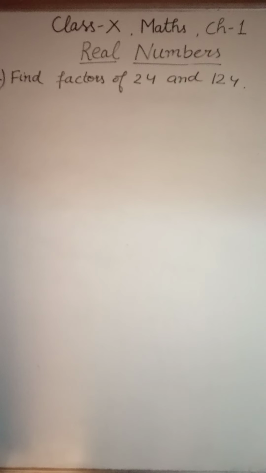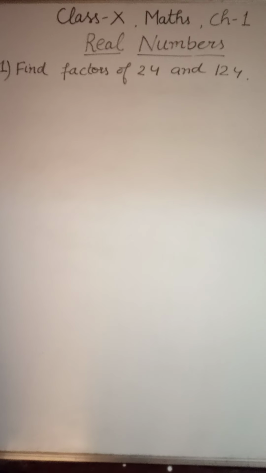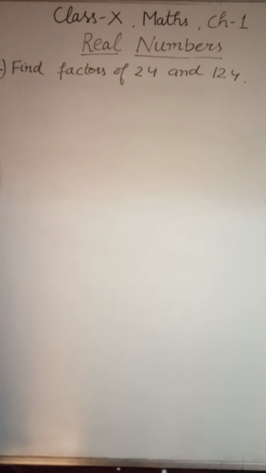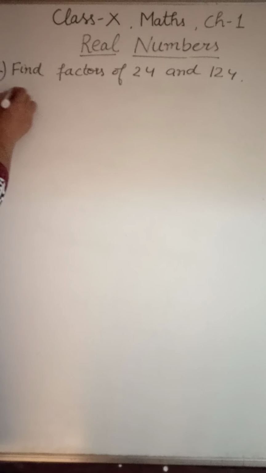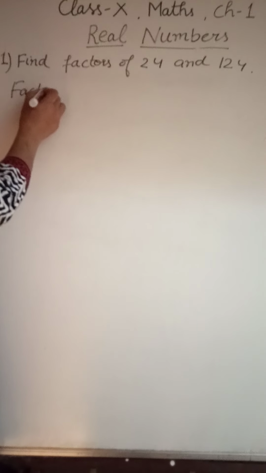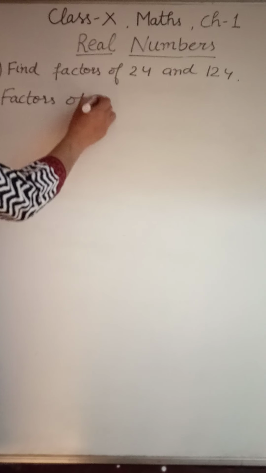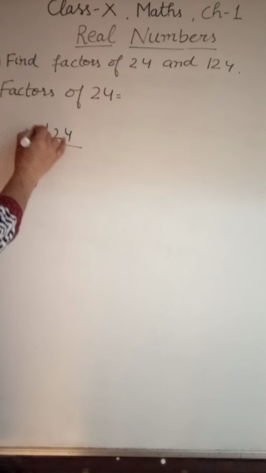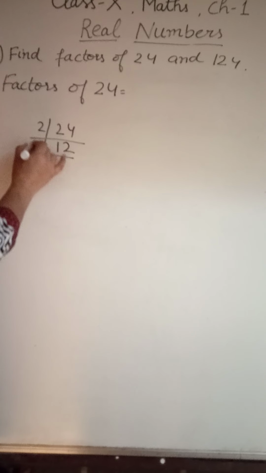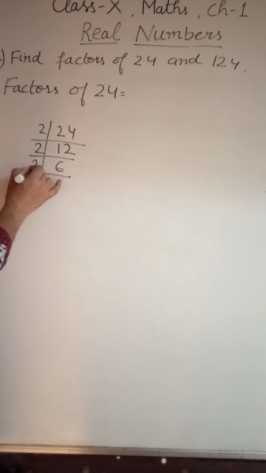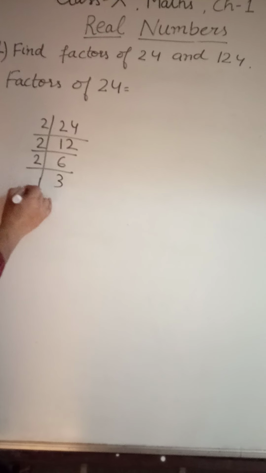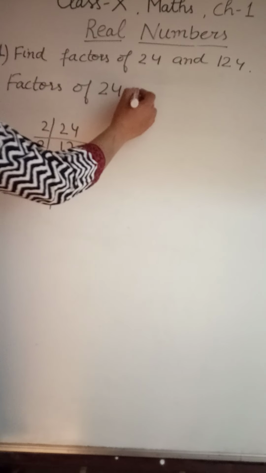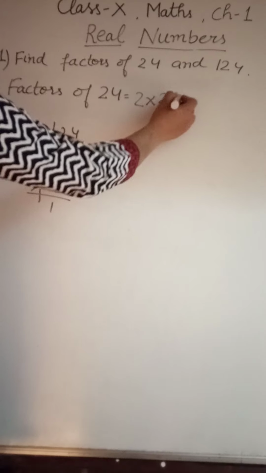If we say that we have to find the factors of 24 and 124, you will say, ma'am, very easy. Factors of 24, how to calculate? Divisible by 2, then by 2, then by 2, and then 3. So you'll be writing 2 into 2 into 2 into 3.